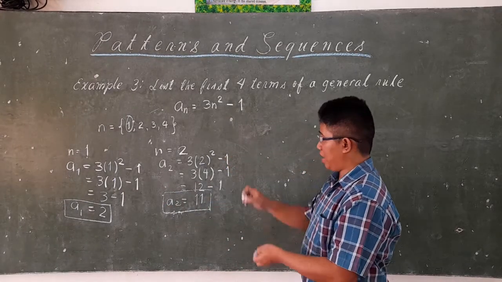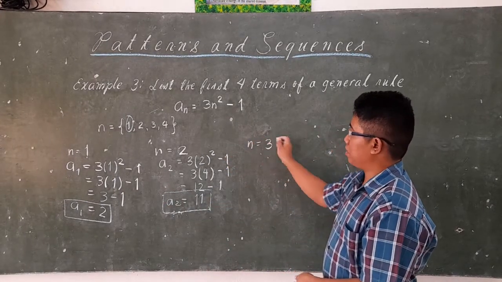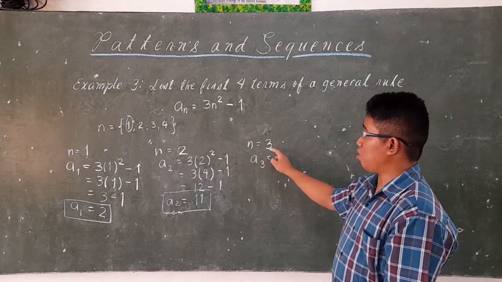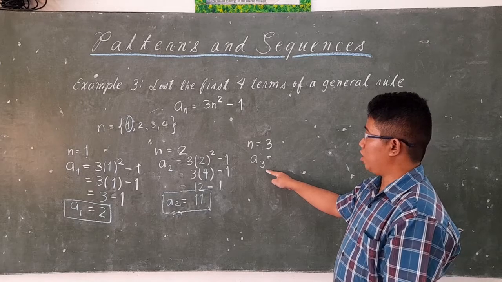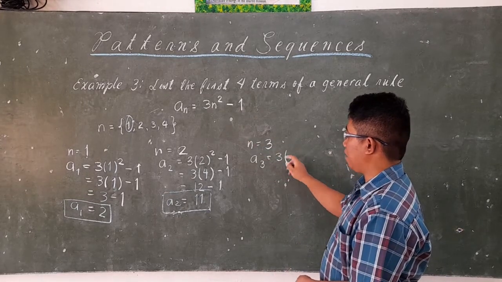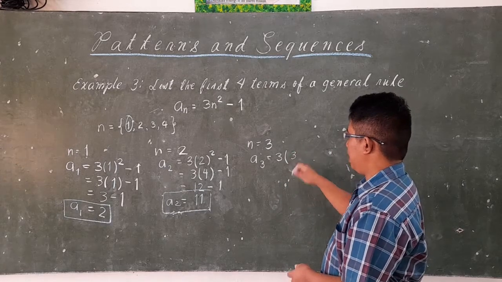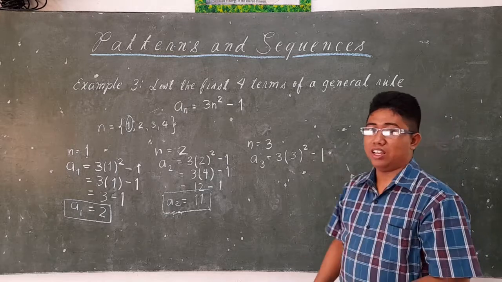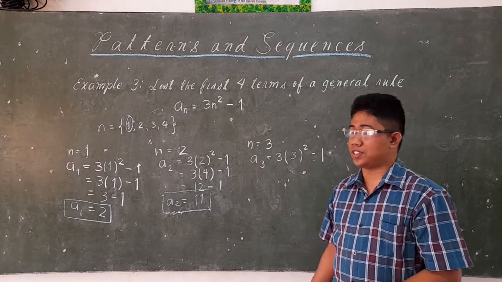How about if n is equal to 3? So a sub n is a sub 3. So it is equal to, based on the given formula, 3 times 3 raised to the power of 2 minus 1. Again, simplify first the exponent.